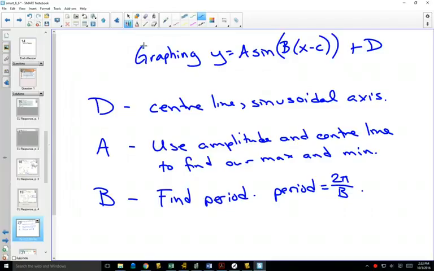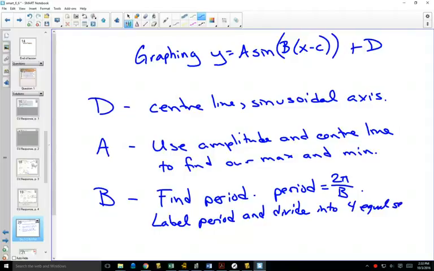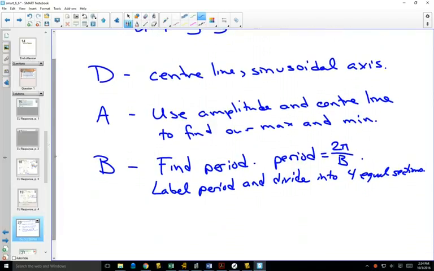We're going to label our period and divide it into 4 equal sections. Just like we've done all along, we find our period, which was normally 2 pi, divided into 4 equal sections to represent the 4 quadrants. We're going to do the same thing here.